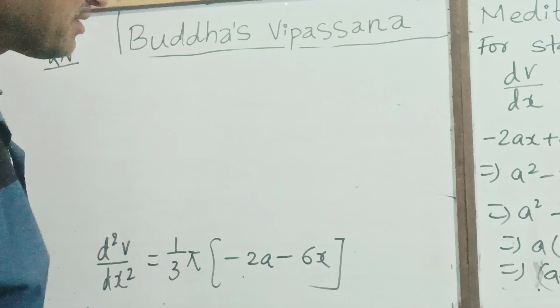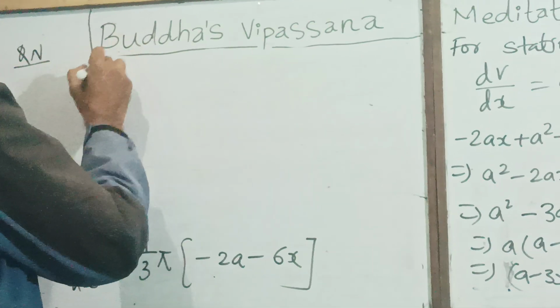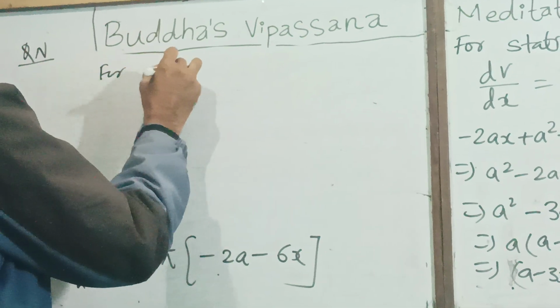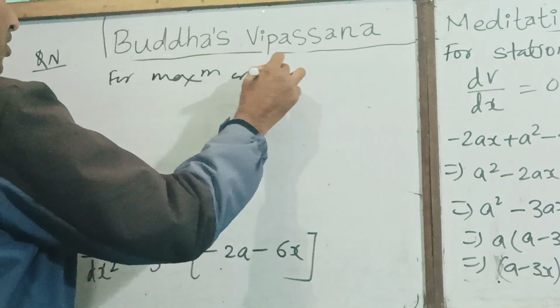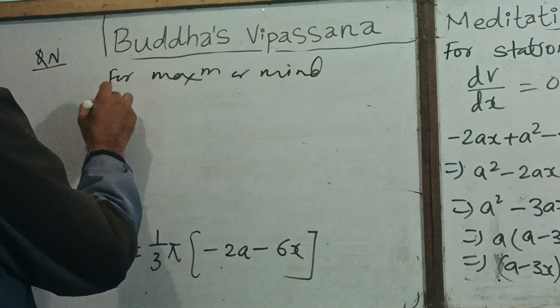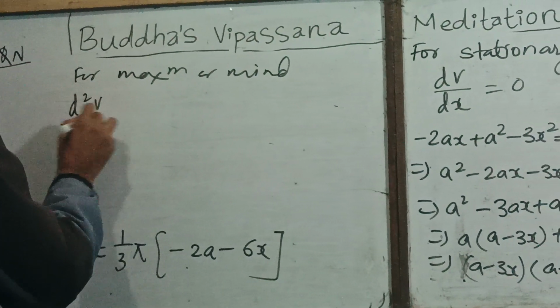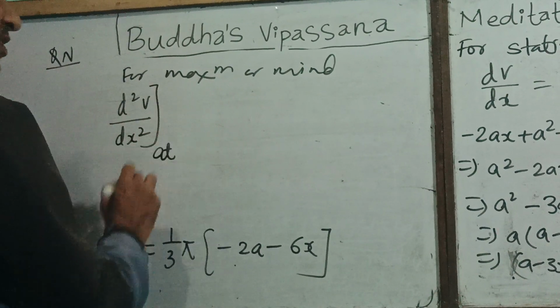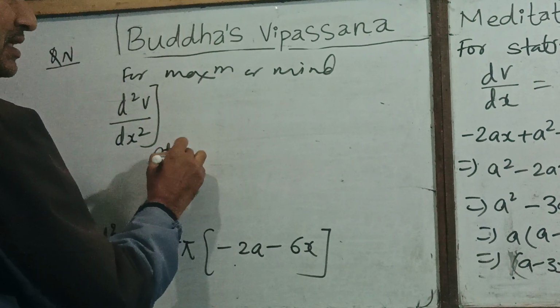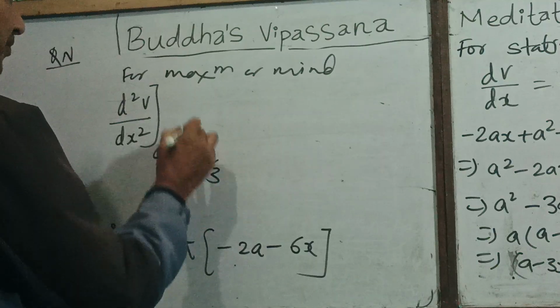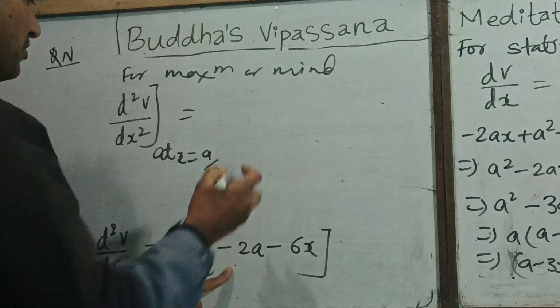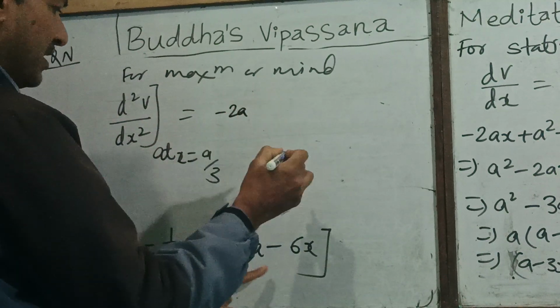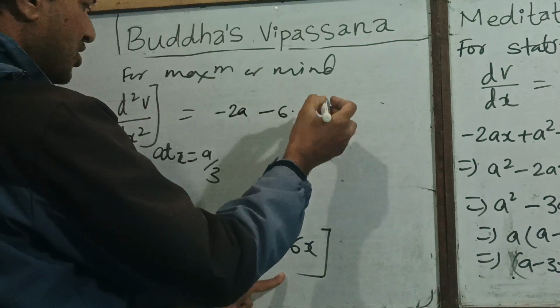Now for maxima and minima, this is d2V upon dx square at x is equal to a by 3. So we are substituting over here. This is minus 2a minus 6 into x.